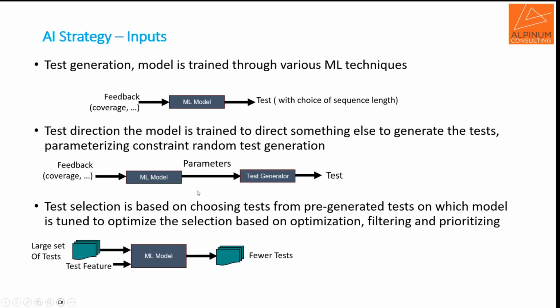Also, in verification scenarios where we are running hundreds of thousands of tests, the most important thing is how effective our tests are with respect to the coverage. The model, which we'll see in the next slides, will describe how we select from a large set of tests the more effective tests based on the features and the coverage feedback.